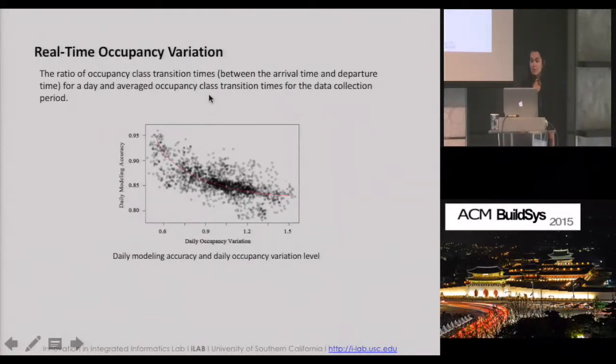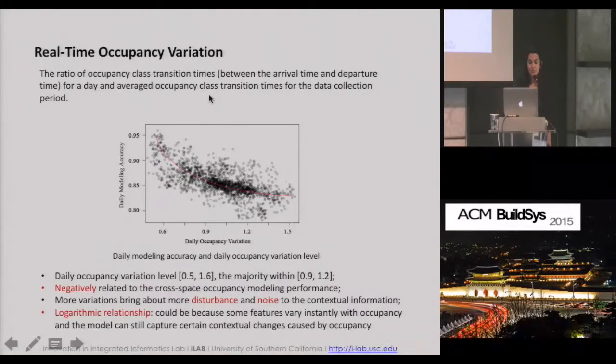Occupancy variation level varied between 0.5 and 1.6, but the majority was between 0.9 and 1.2.